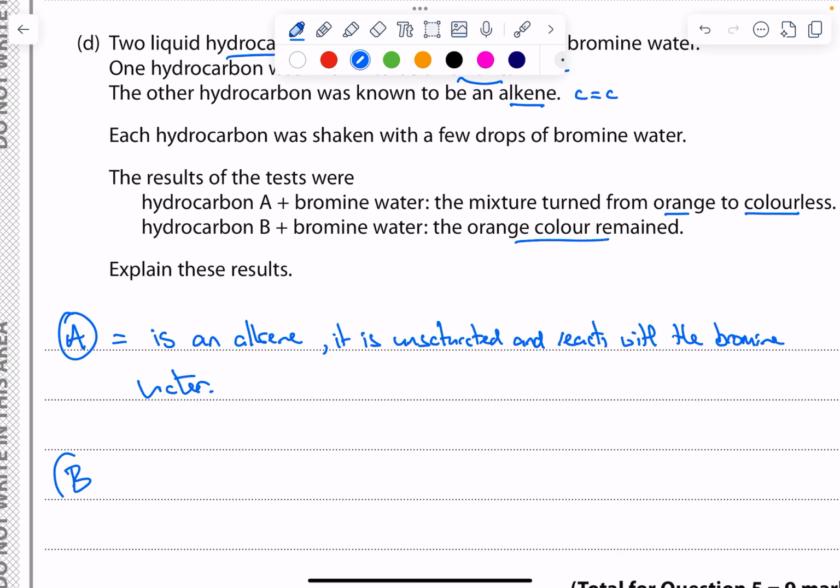Okay, B is an alkane, therefore it is saturated and does not react.